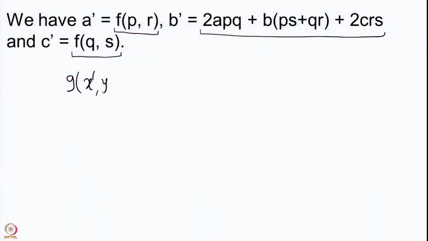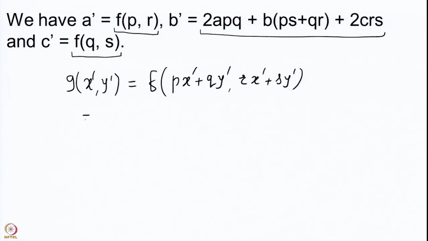So, we have that g of x prime, y prime is f of px prime plus qy prime, rx prime plus sy prime.